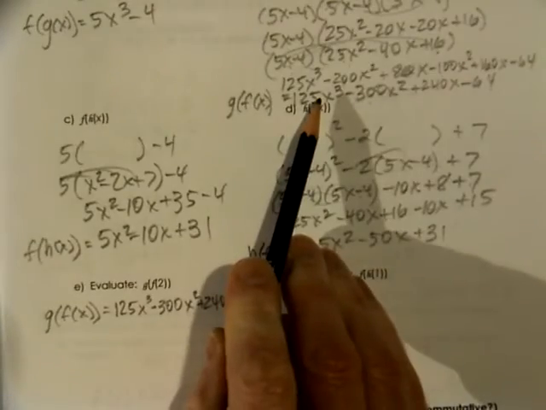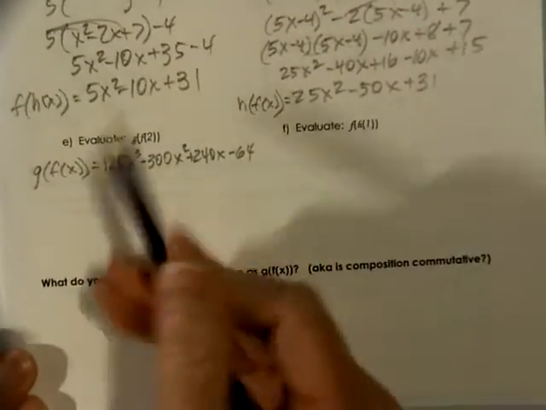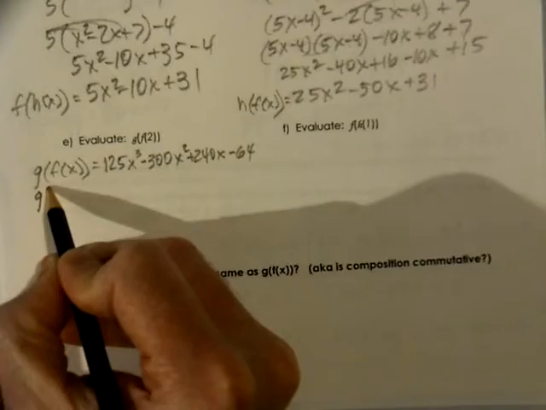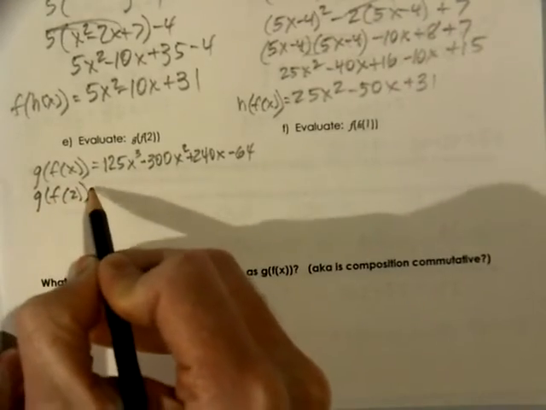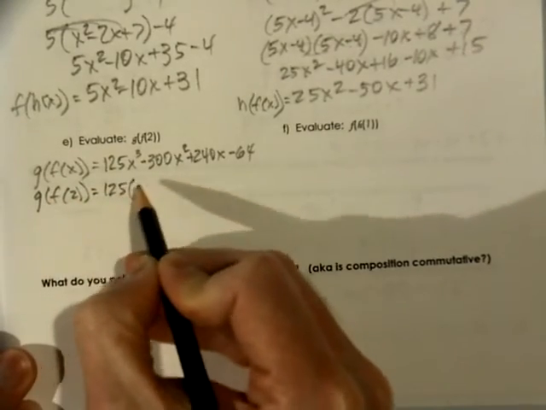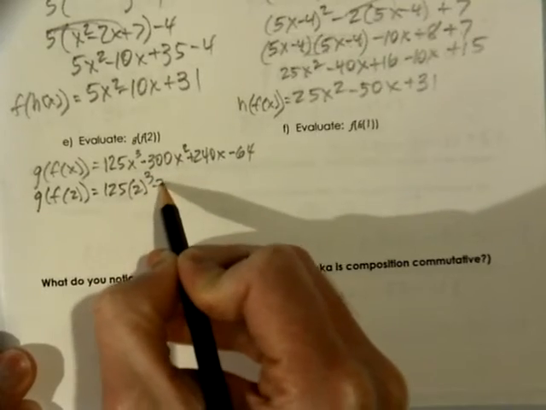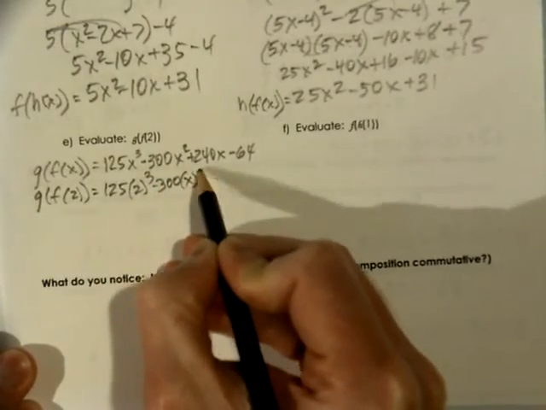That came from the problem above. Now, if you want to do g of f of 2, you could plug a 2 in for every x value.